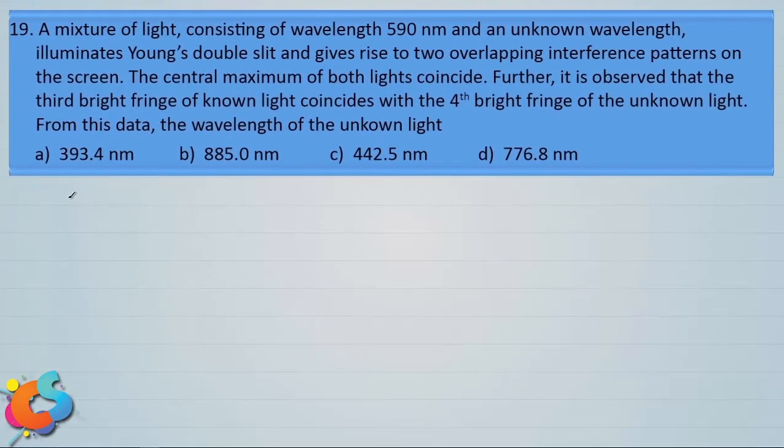Now let's work out one more question on the coincidence of the fringes, dear students. A mixture of light consisting of wavelength 590 nanometer and an unknown wavelength illuminates Young's double slit and gives rise to two overlapping interference patterns on the screen. The central maximum of both the lights coincide.